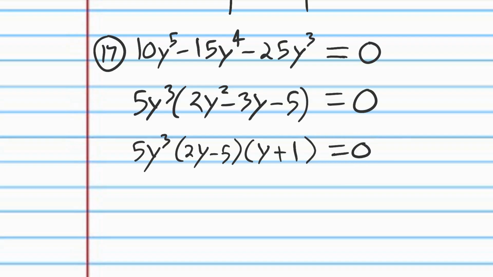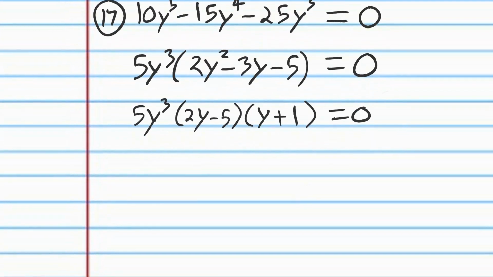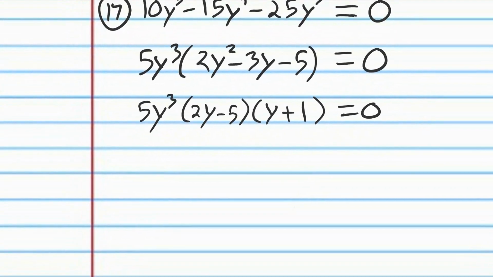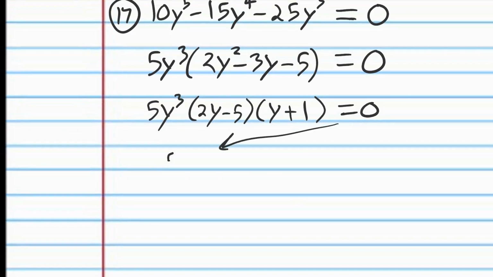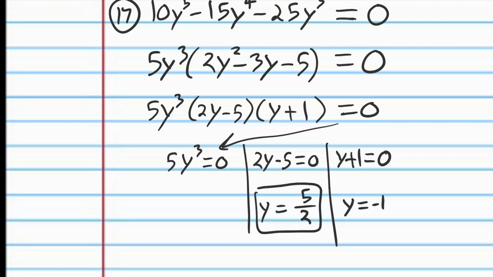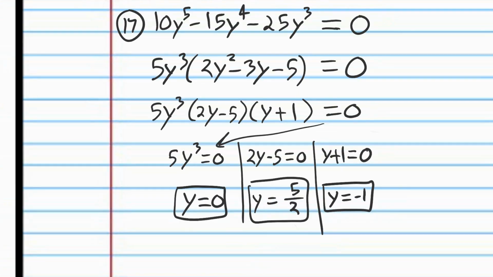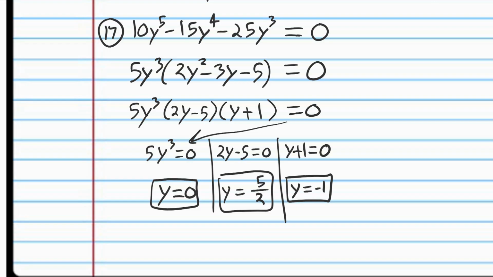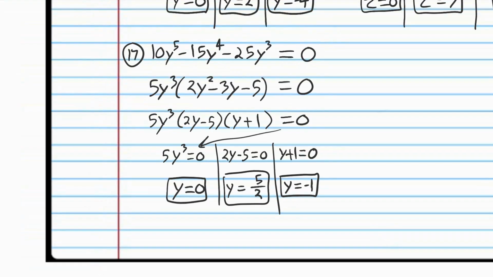O is 2y and I is negative 5y. So I got lucky, it worked. Add them together, you get negative 3y. So if you got those answers, good job.